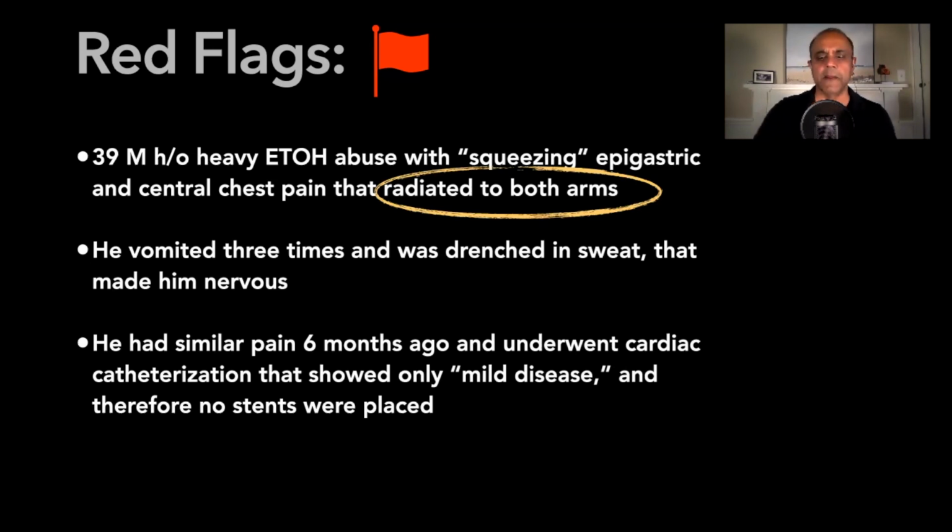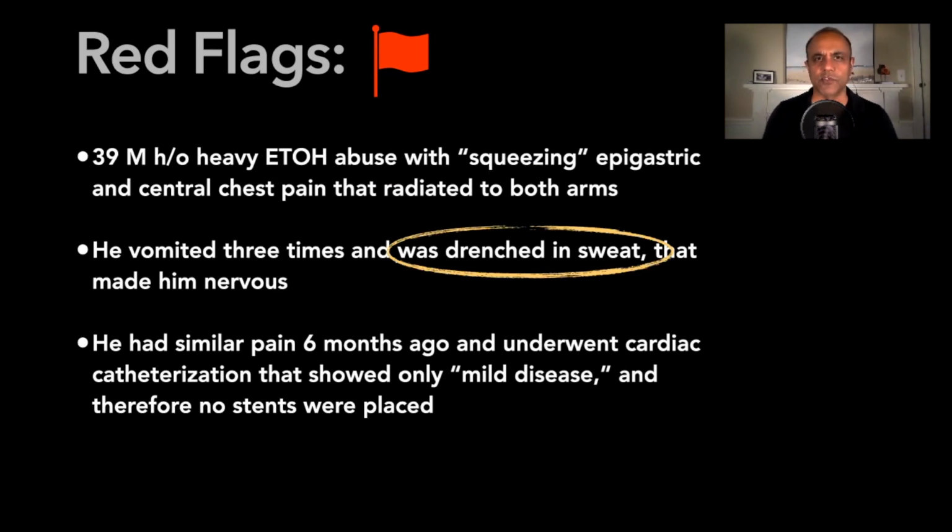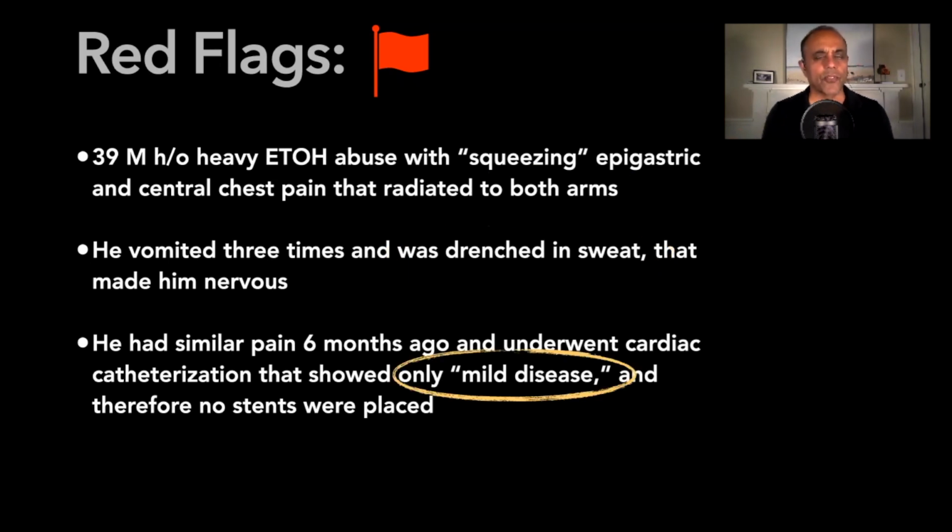Keep that in mind. The fact that he was drenched in sweat is always a really worrisome finding in the context of someone with ischemic chest pain. And lastly, a 39-year-old male with mild disease on cath. I'm not sure about that. Why would he have any disease? So these were the 3 huge red flags when I heard about this case.